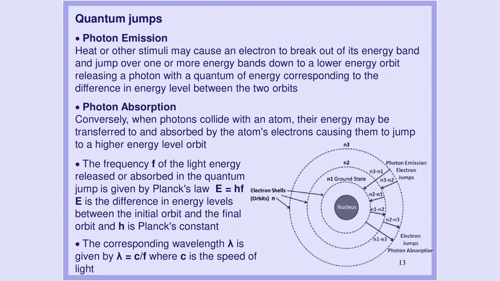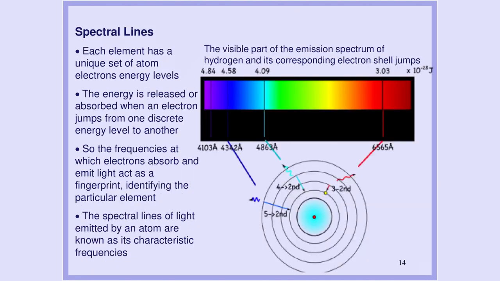The corresponding wavelength of the photon may be calculated by the formula: lambda equals the speed of light, in particular the speed of light in vacuum, marked by the letter c, over the frequency. Each element has a unique set of atom electrons' energy levels.